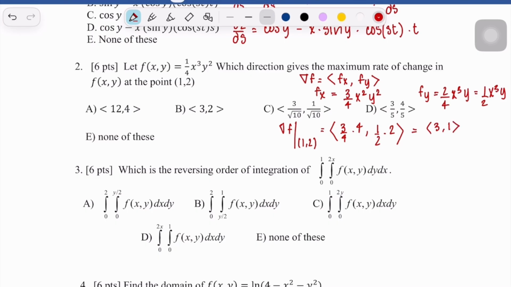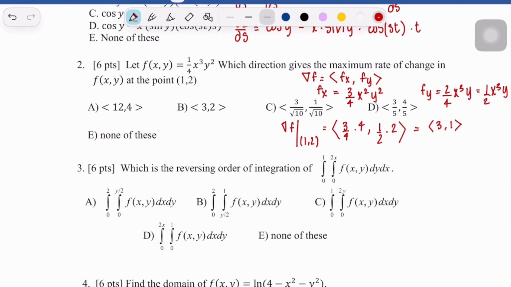Now we need to find the unit vector for our gradient. And that's going to be 3 over the square root of 3 squared plus 1 squared, and that's going to be square root of 10.